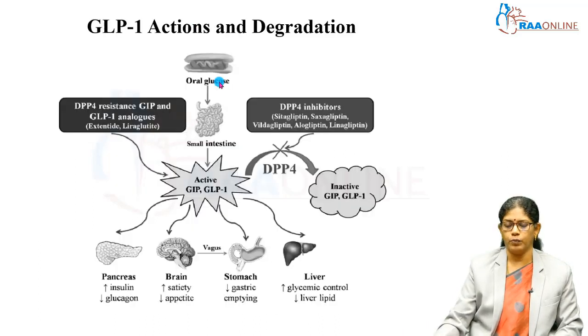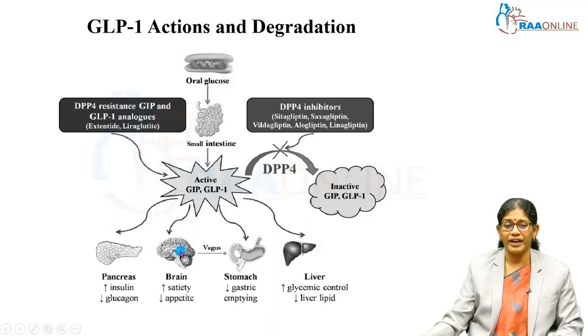So, how is GLP-1 secreted and how does it produce its action? When oral glucose is ingested, in the small intestine GIP as well as GLP-1 are produced. These incretins act on the pancreas to secrete insulin and decrease glucagon secretion. In the brain, they produce satiety, a feeling of fullness, and decrease appetite.